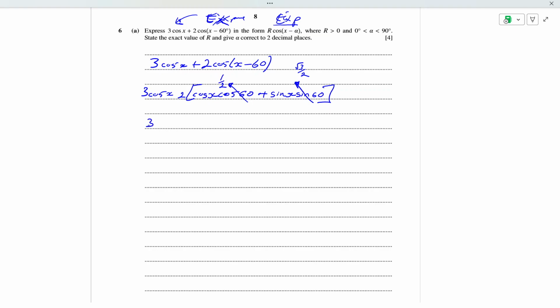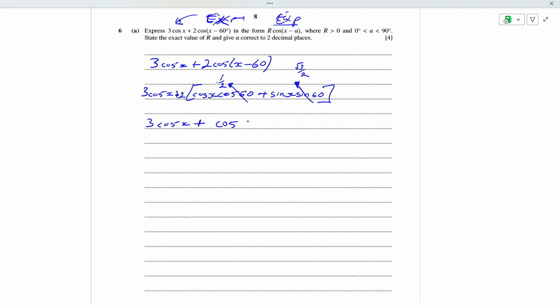Okay, and you plug those in. So you have 3 cos x plus 2 cos x multiplied by that half, which is just cos x.